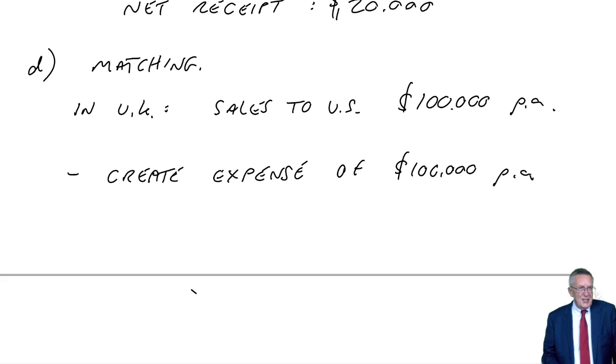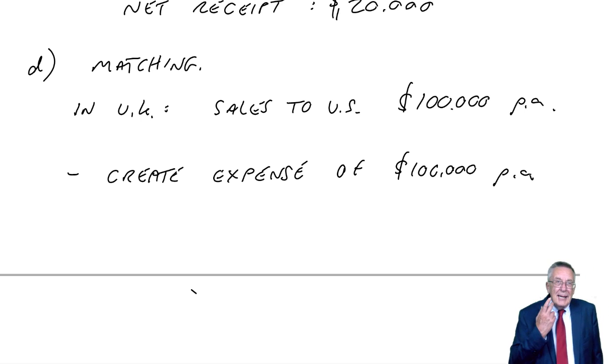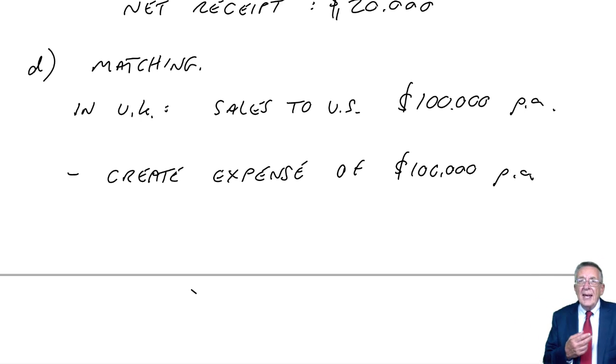How can I do that? My expenses, I'm an English company, my expenses are in pounds. Well, perhaps deliberately, I buy some of my materials from America instead of buying from the UK. So deliberately, I've got an expense in dollars.